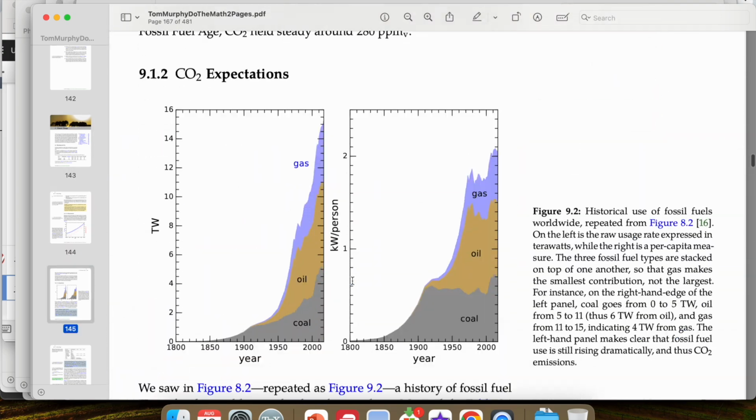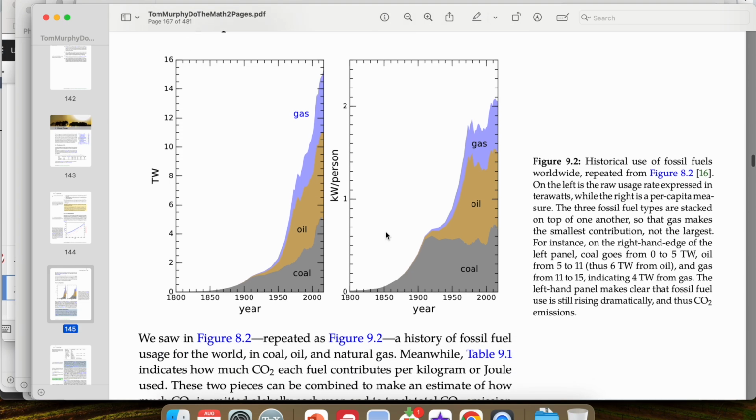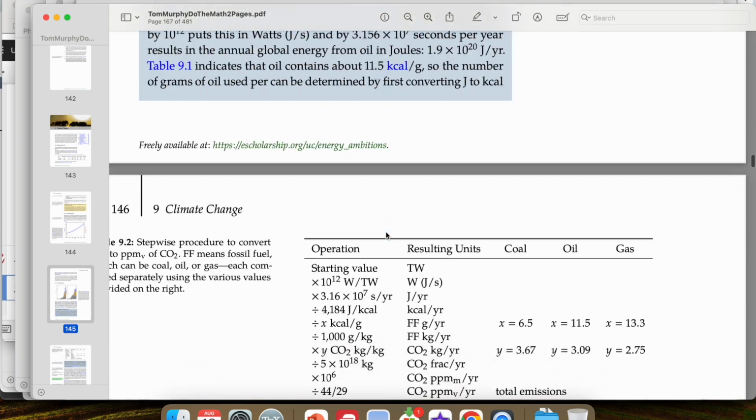Since we have measured how much coal, oil, and gas we have been burning, consuming for the past 200 years, you can see how the rate of use has increased dramatically. So we know how much we're burning, so we can actually make a prediction about how much CO2 we should be emitting into the atmosphere.